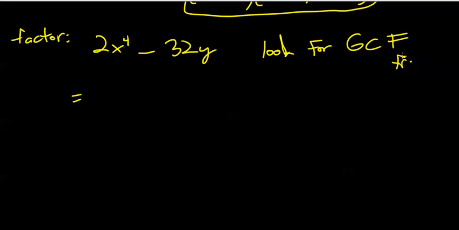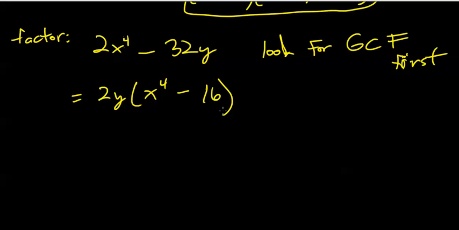And I can easily see I have a GCF here of 2y. I can factor out a 2y from this expression, and I'll get 2y factoring out the GCF times the remaining factor, x to the fourth minus 16, right?